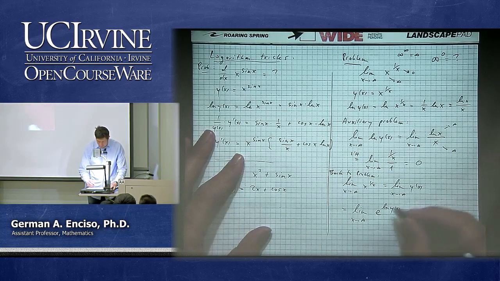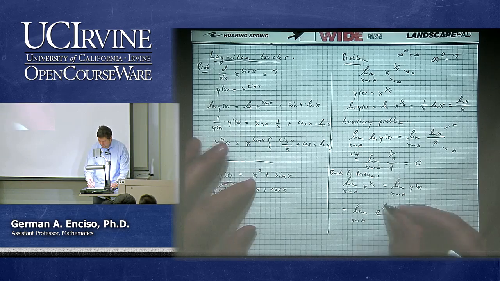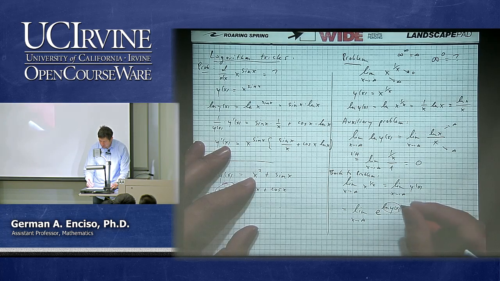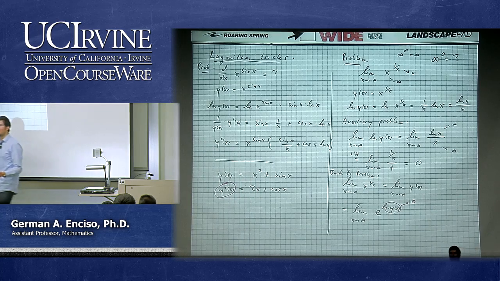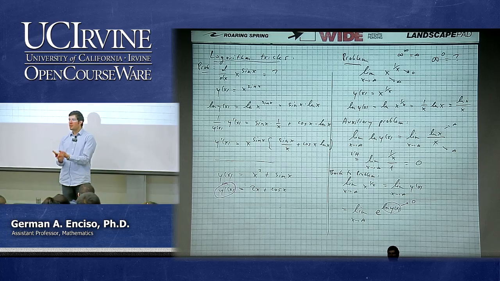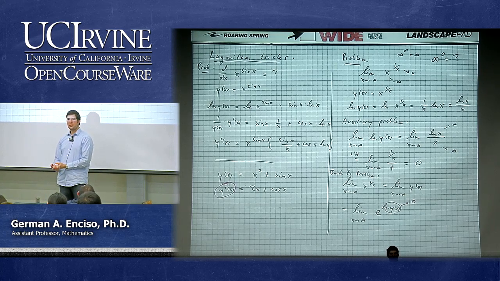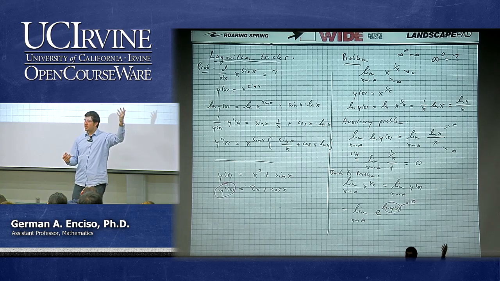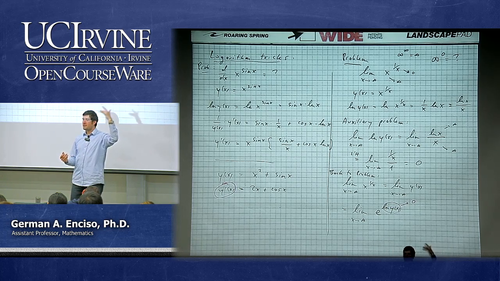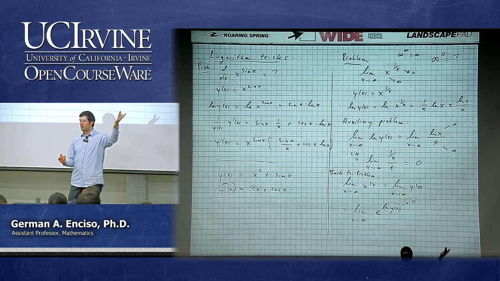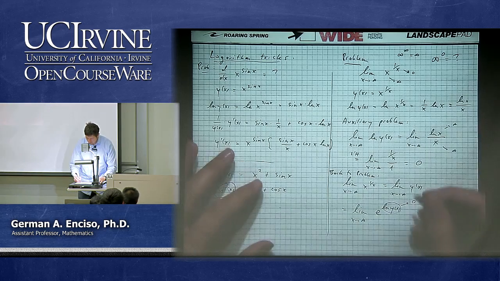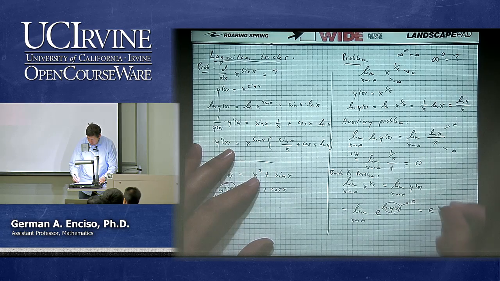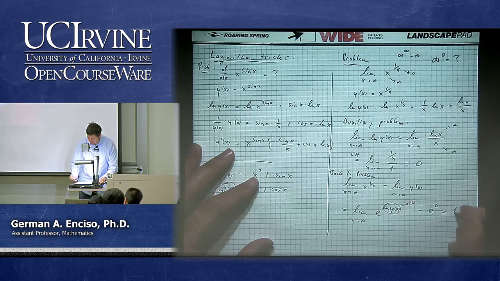Now, I know that the top part, the logarithm part, becomes closer and closer to 0. I know it because we just did it. The logarithm of y becomes closer and closer to 0 as x becomes larger and larger. Okay? So, if the top part goes to 0, that means that e to the that converges to 1. That's right, exactly. This is equal to e to the 0, which is 1.